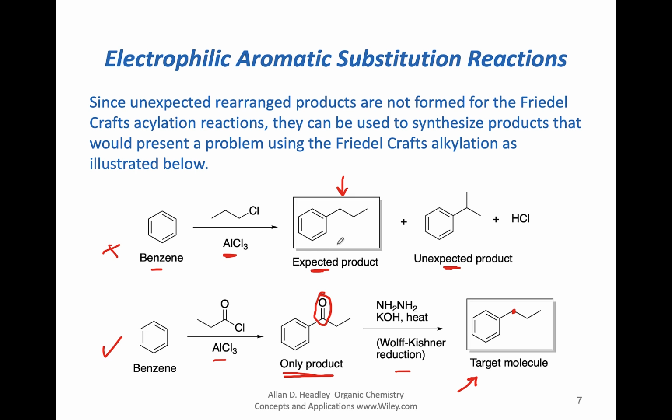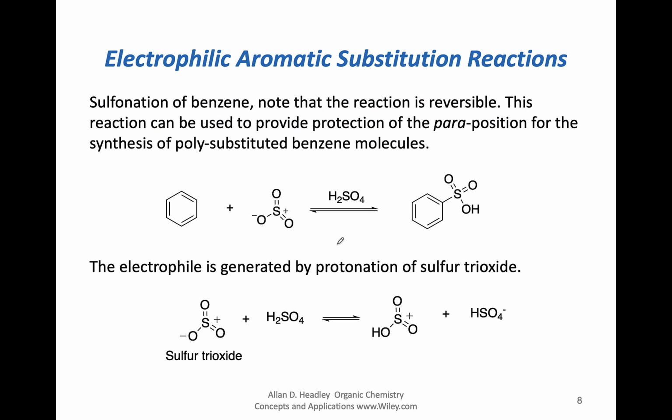So again, this gives you an appreciation for manipulation of the various chemistry and type reactions that we have studied. Let us look at another type of reaction here, the sulfonation of benzene. So here's benzene, here's sulfur trioxide. As you can tell, the sulfur here is very electrophilic based on this positive charge right here.